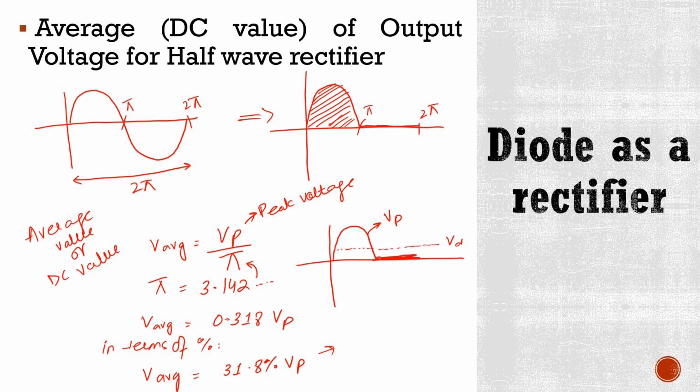This is VDC or V average, which is 31.8% of this peak voltage. So this is the average or DC output value for a half wave rectifier.